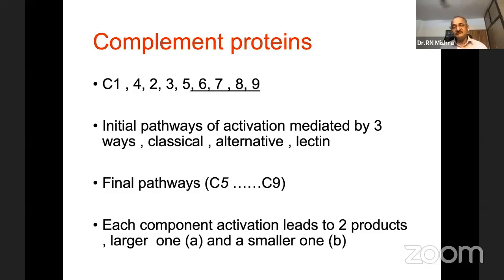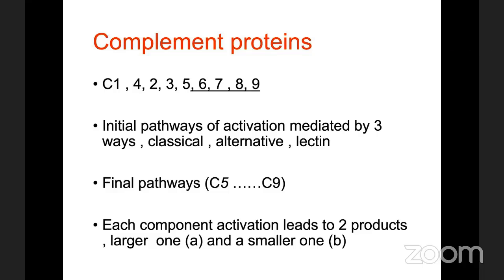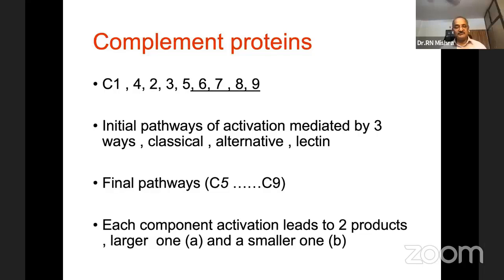The complement system facilitates the immune function of the body to eliminate microorganisms, tumor antigen or self antigen. There are more than 30 proteins or glycoproteins which constitute the complement system.